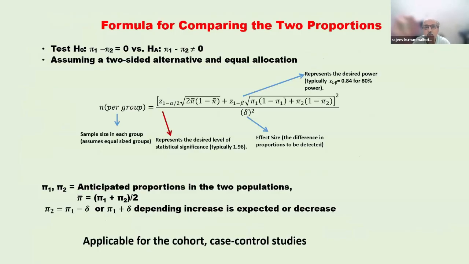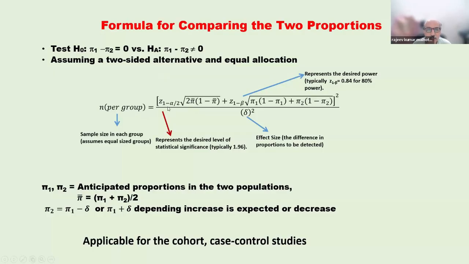Now the formula for comparing two proportions: if you have two proportions, then this is the formula we use to compare. Here the null hypothesis is that there is no difference in the proportion, and the alternative hypothesis is that there is a significant difference in the proportion. So this formula is for the two groups.